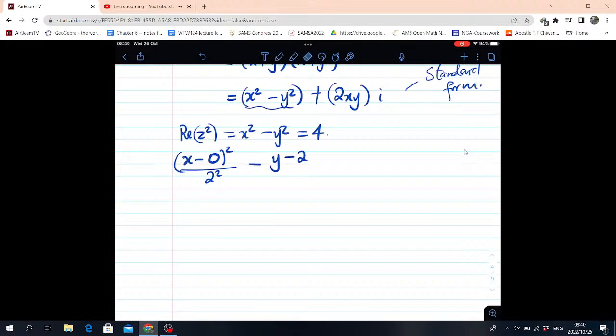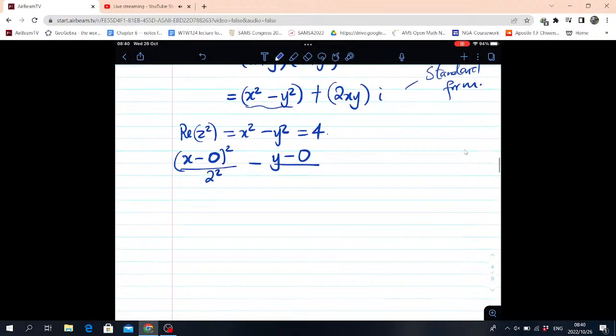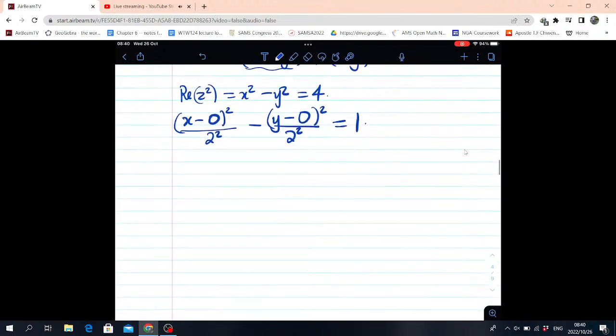Sorry, y minus 0 again squared over 2 squared is equal to 1, right? And if you remember your chapter 5, you remember that this is just a hyperbola, right?